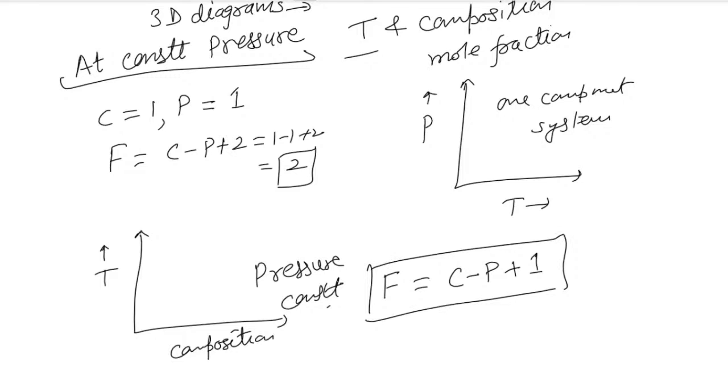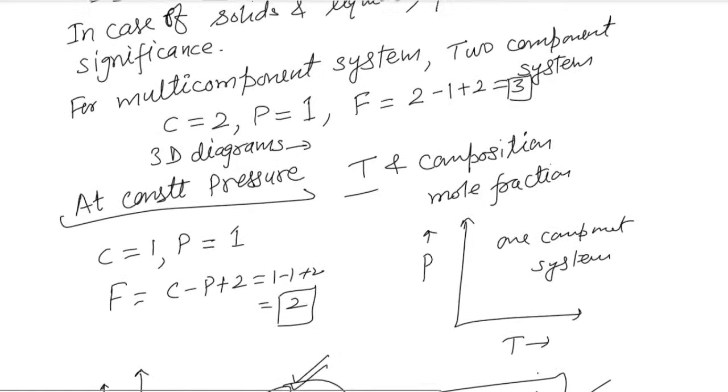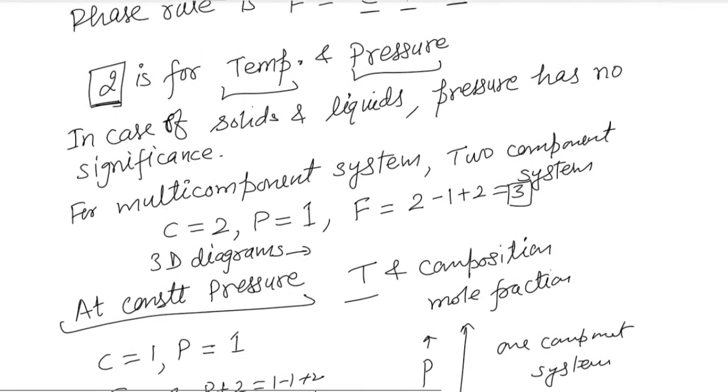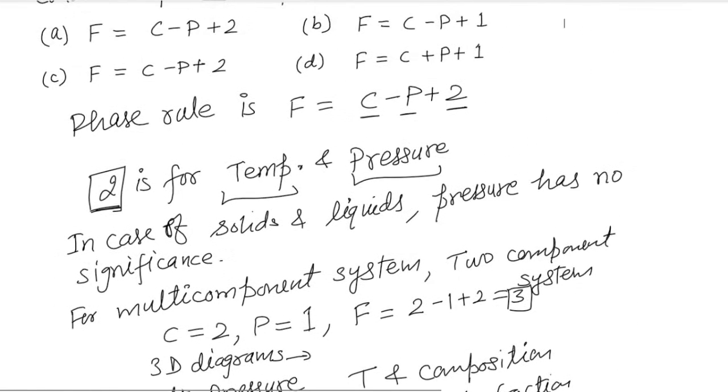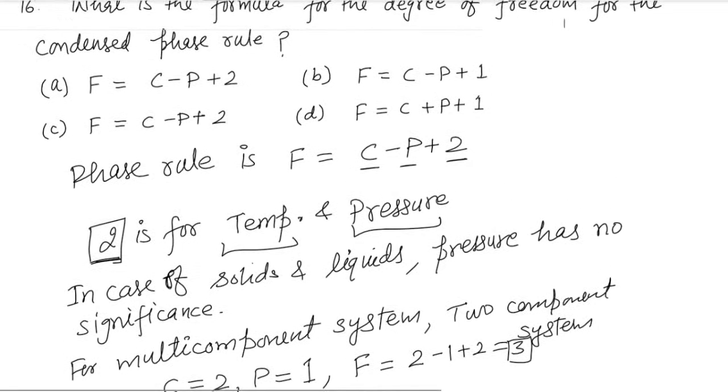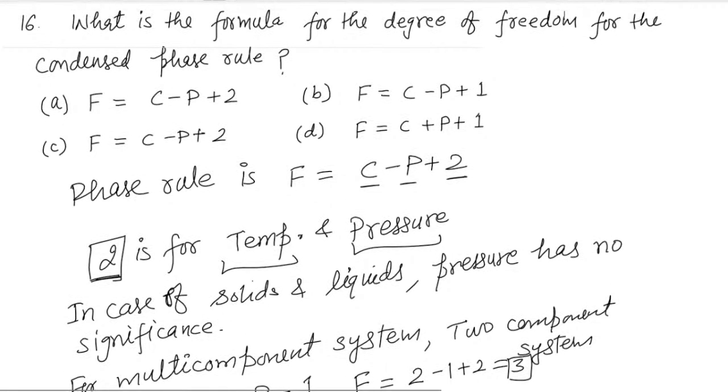Out of these 2, pressure is kept constant, so that is not a variable. That's why only temperature is variable. So F becomes C minus P plus 1. Got it? So the condensed phase rule is phase rule at constant pressure. So that means the right option is B.